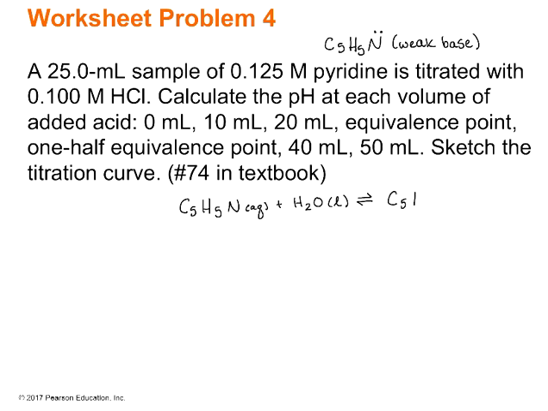The weak base is going to grab onto a hydrogen, and this will create a positively charged molecule, so we have an ion. And then our other product is the hydroxide ion. Okay. So now we can use this equation to write out an ice table.